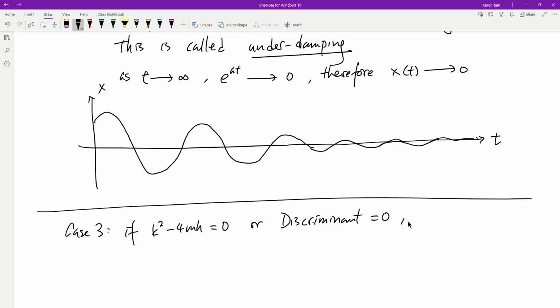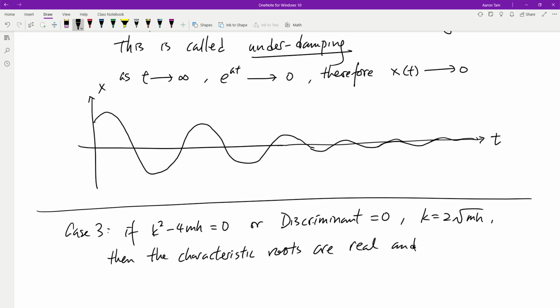Or basically meaning k is equal to 2 square root of mh. In this case, the characteristic roots are real and equal. And in this case, the two characteristic roots r1 and r2 both equal negative k over 2m.